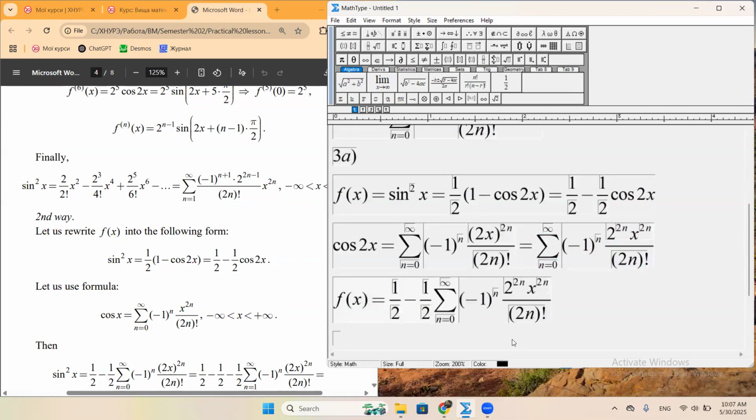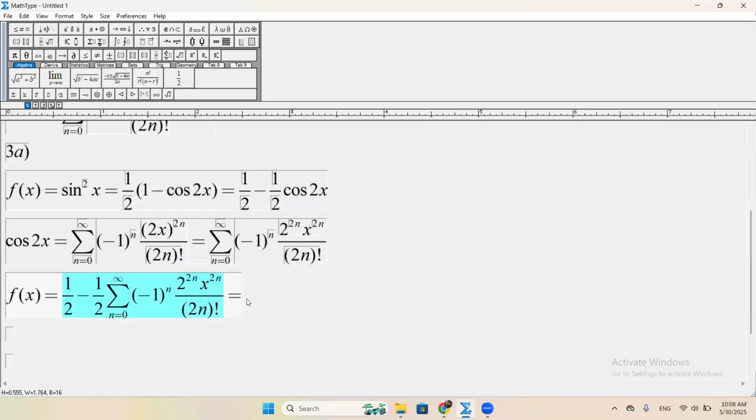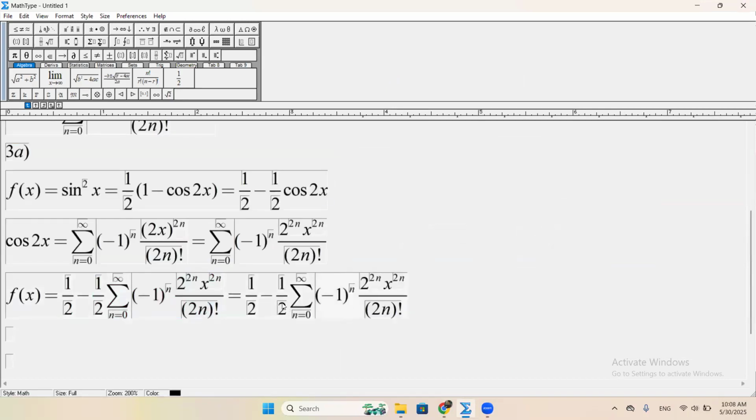And now I will simplify it a little bit. Simplifying 2, so removing this, and here I will receive 2n minus 1. Then what about this minus 1 in power of n?